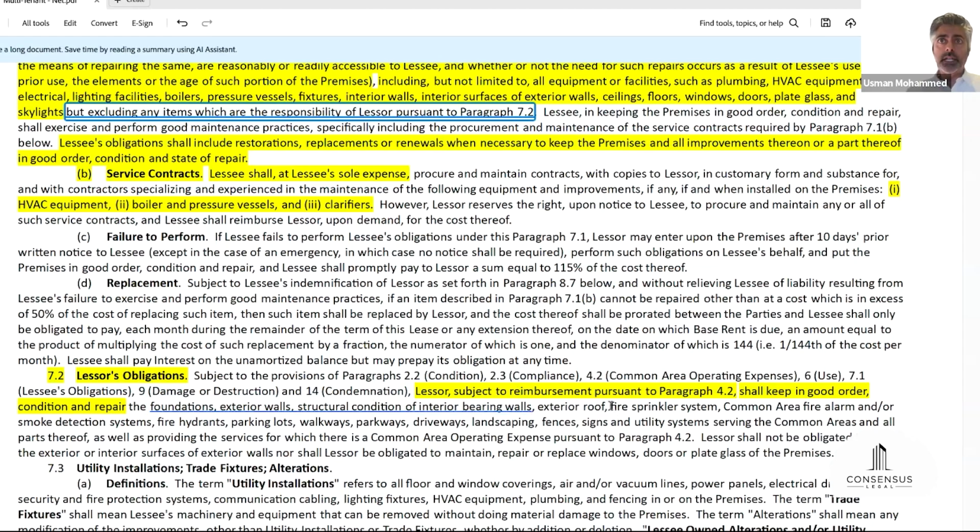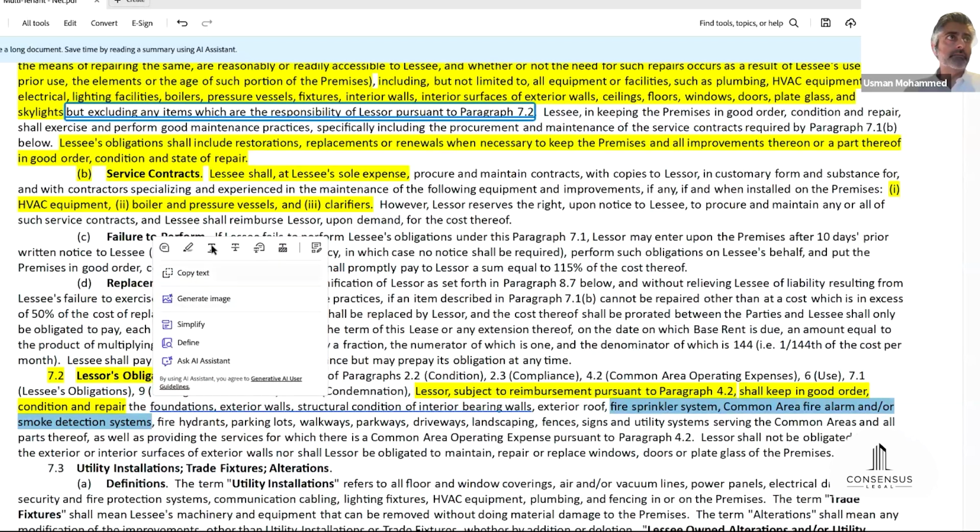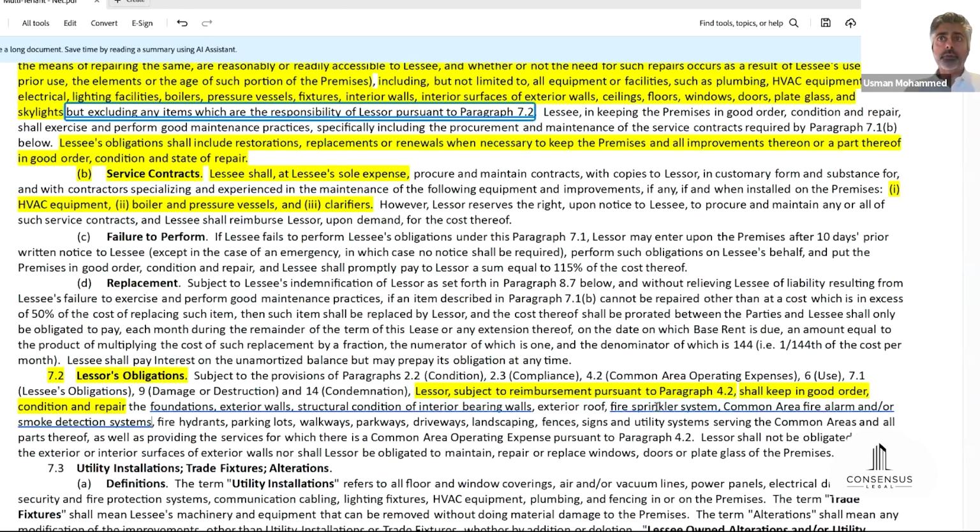The second key deviation is with respect to the fire life safety system. Fire sprinklers, common area fire alarm, and or smoke detection systems.